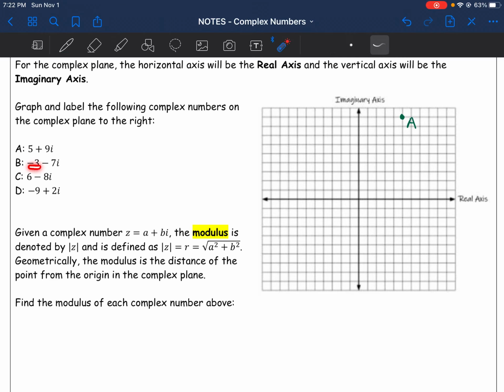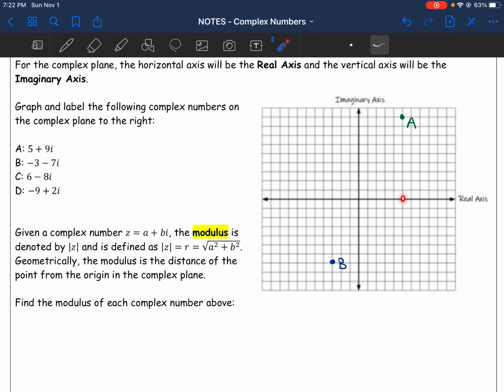Same thing with point B. We want to go negative 3 on the real axis, negative 7 on the imaginary axis. Let's get a different color here. So negative 3, then negative 7 on the imaginary. 1, 2, 3, 4, 5, 6, 7. Right there. So that's point B. Point C, 6 on the real axis, negative 8 on the imaginary axis.